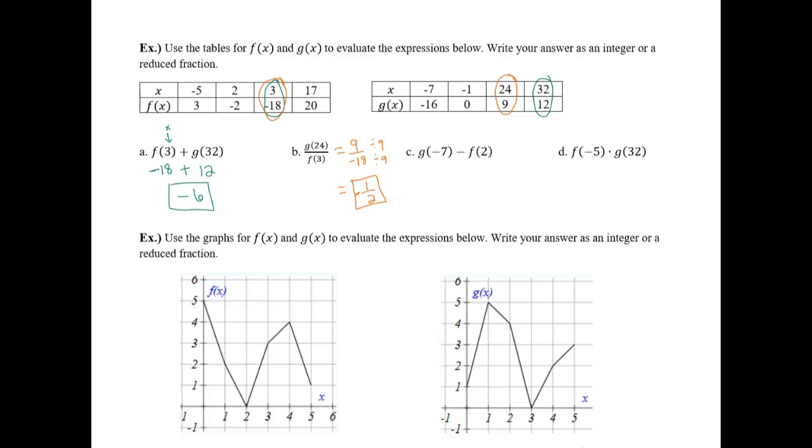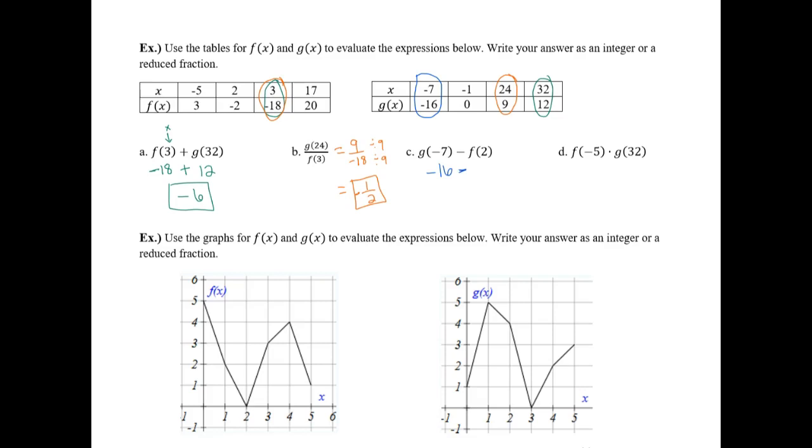Alright, part C, we have g of negative 7. So going over to function g, finding that negative 7 on the table. When we input negative 7 for x, we get out negative 16 for y, or in this case g of negative 7. We will be subtracting f of 2.